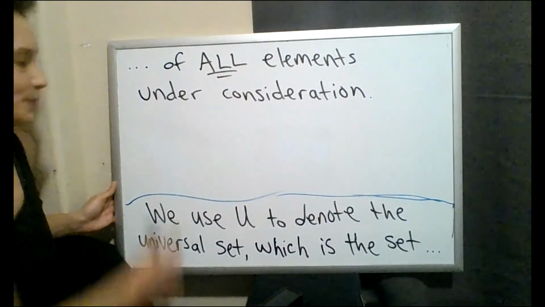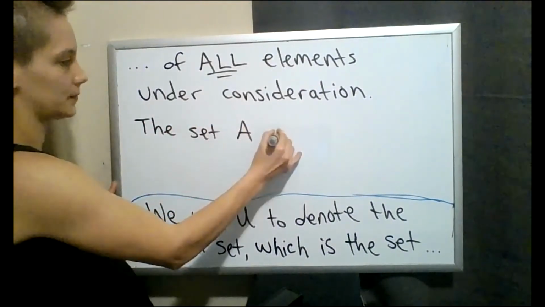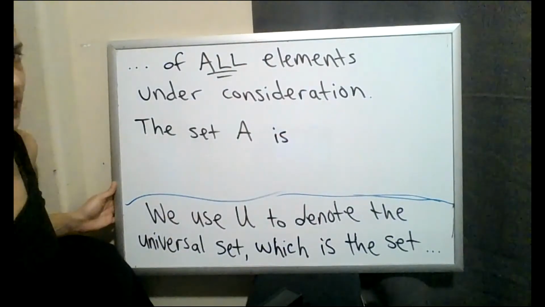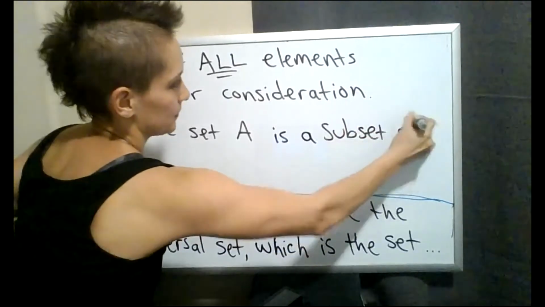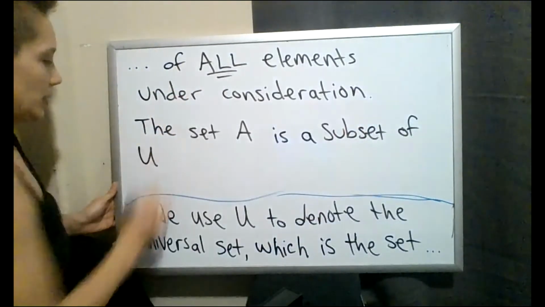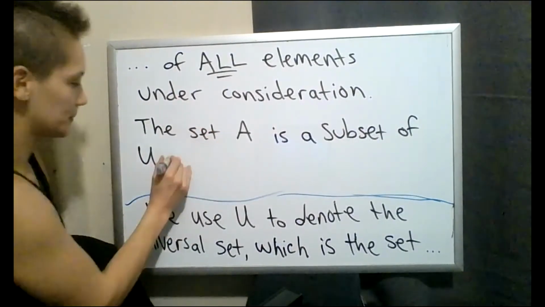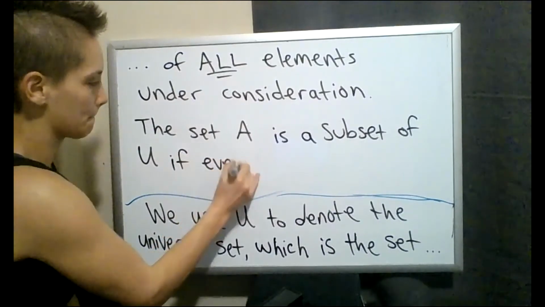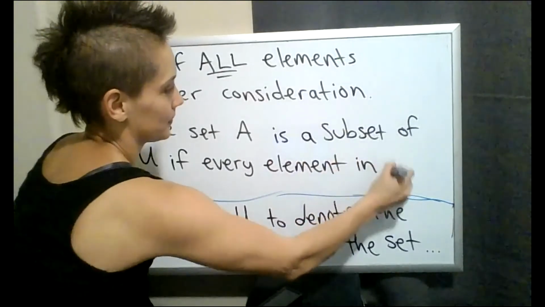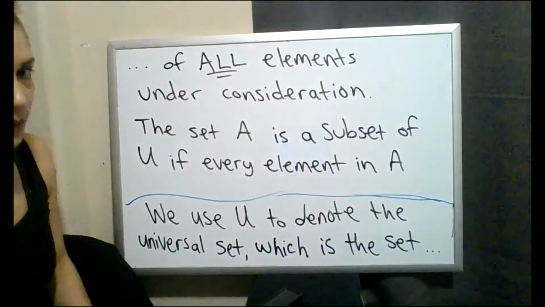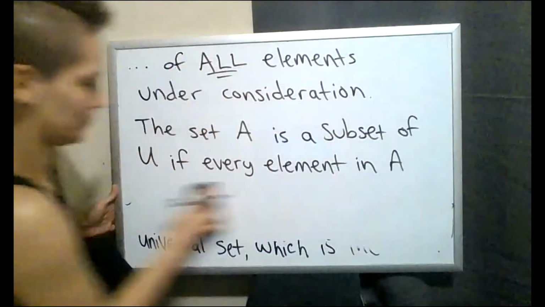The set A is a subset of U if every element in A is also an element in U, the universal set.